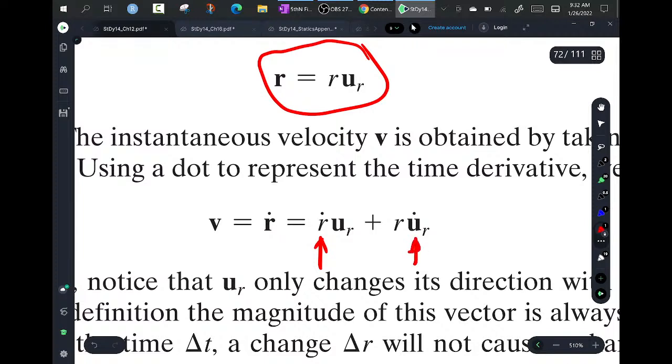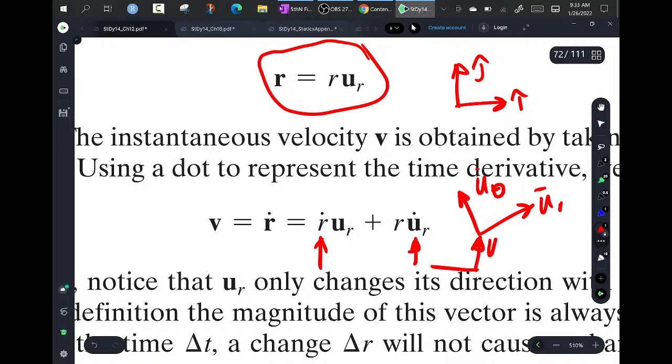Now actually that occurs in Cartesian, but the thing is the I and J never move. The UR and U theta may actually, a second or so later, have tilted over, so that now they're this way, as the particle moves in a circle.